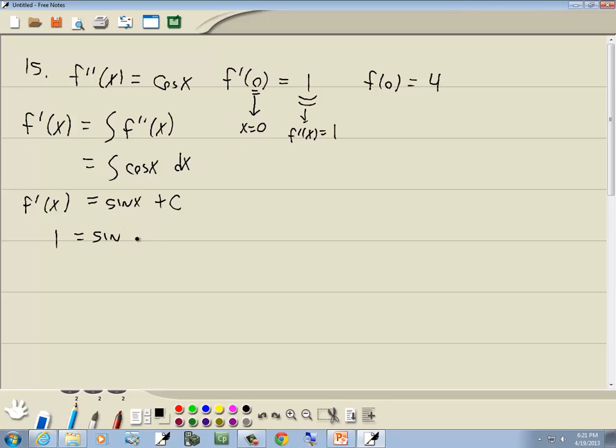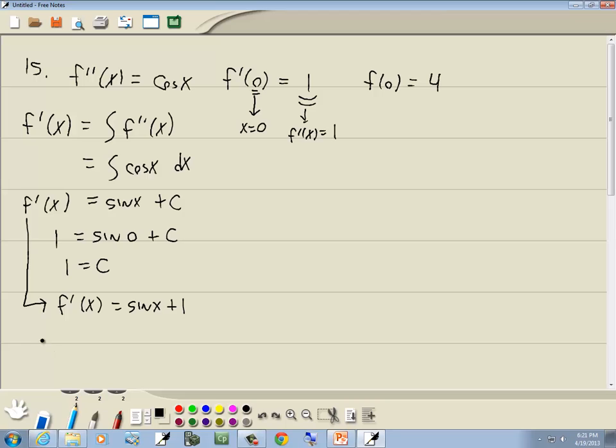We'll put 0 in for x plus c. Now sine of 0, if I look that up in my unit circle, that's equal to 0. So that's going to drop away. And we get c is equal to 1. Which means that our first derivative, f prime, now becomes sine x plus 1. We plug in the c we just found.